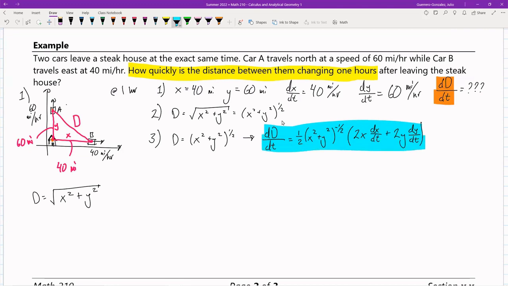And notice our result has all the stuff we figured out from part 1. Okay, so now that's step 4.